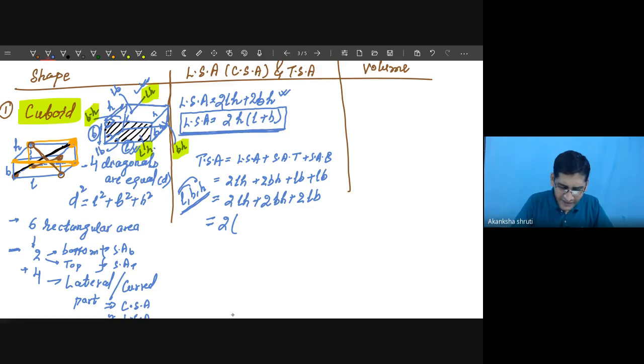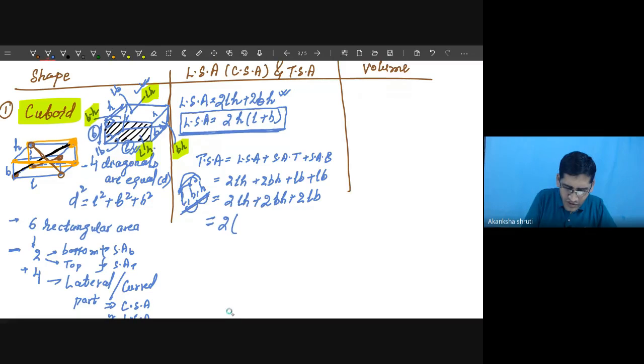Then starting with B, for B what can we write? We can write B with this H and B with this L. Again H with B, H with L.